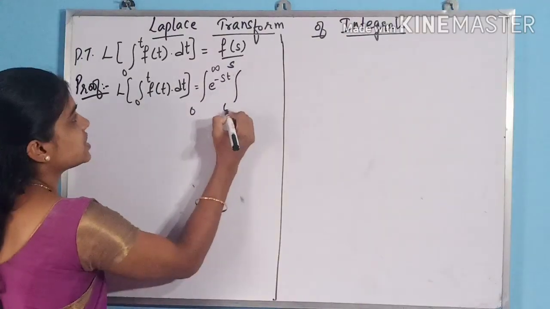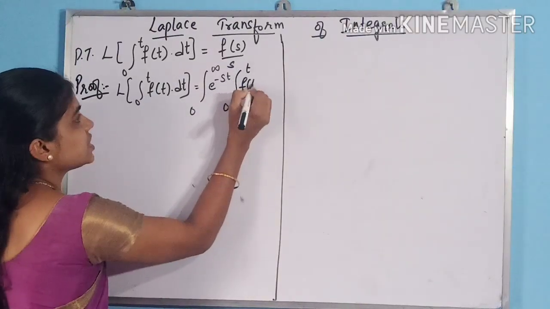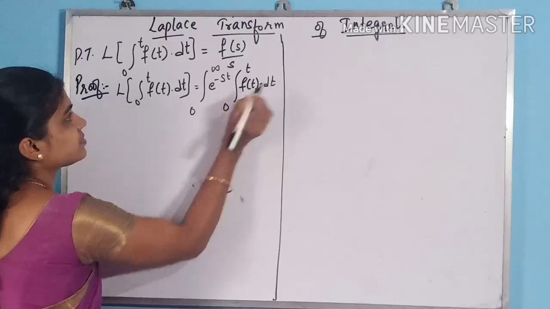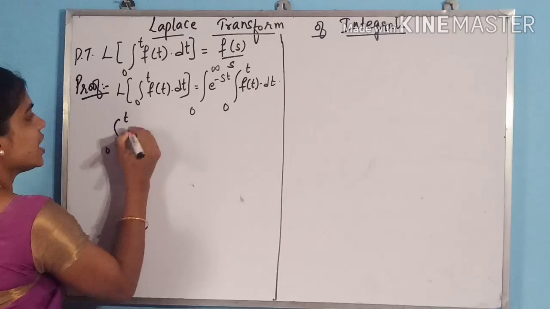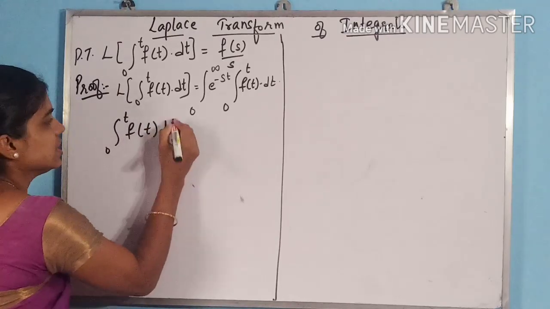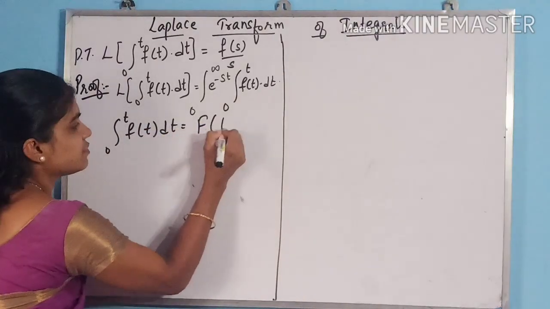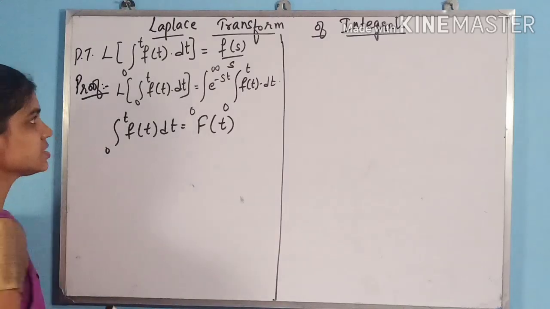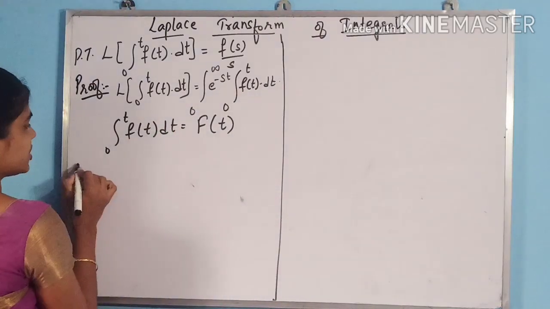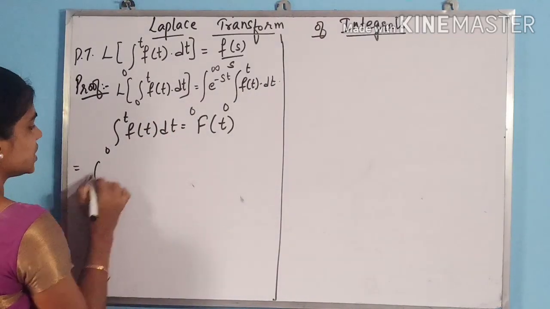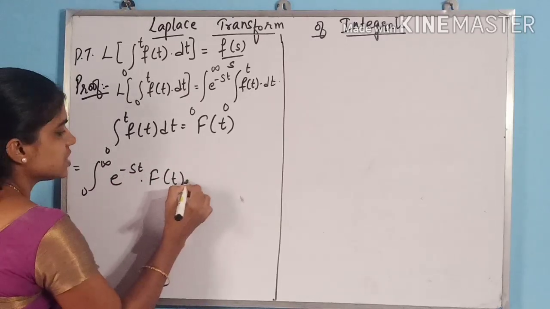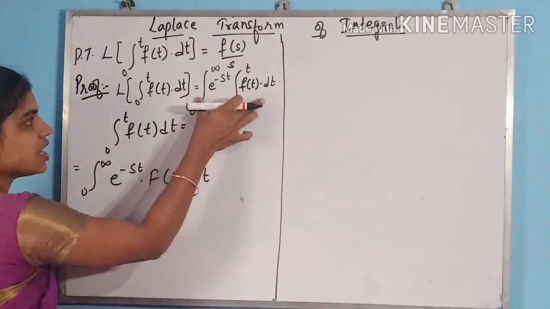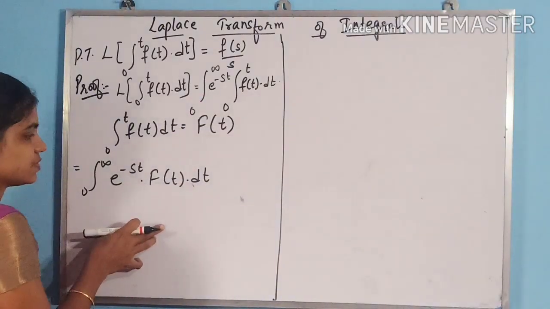So that is going to be 0 to t f of t dt. Let me denote 0 to t f of t dt to be equal to capital F of t, just for my convenience. So I will get the expression to be 0 to infinity e raised to minus st F of t dt.